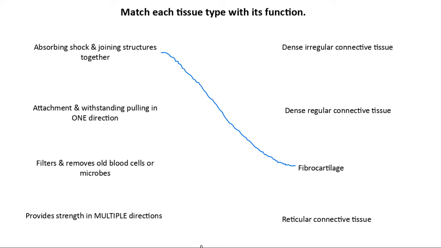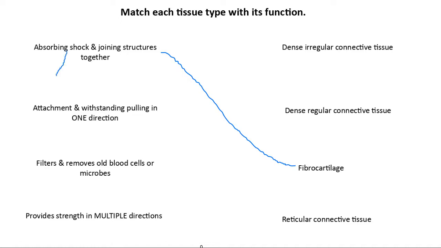Yeah, a couple of my groups nailed it. That is the job of something called fibrocartilage. This is the type of cartilage that has a bunch of fibers in it, so we'll see that today. These two functions of fibrocartilage will help you remember where it's found.